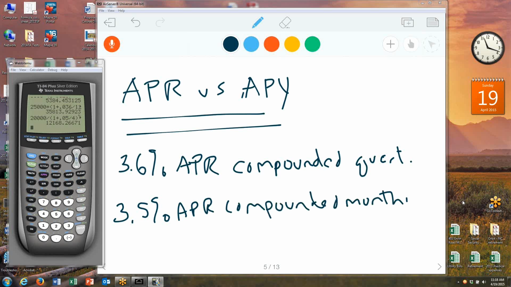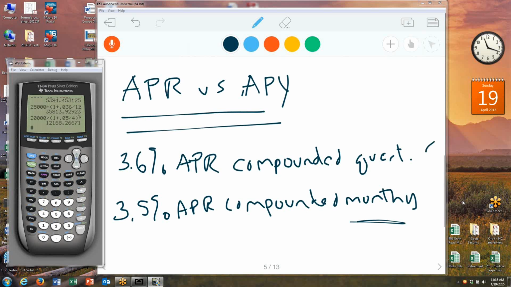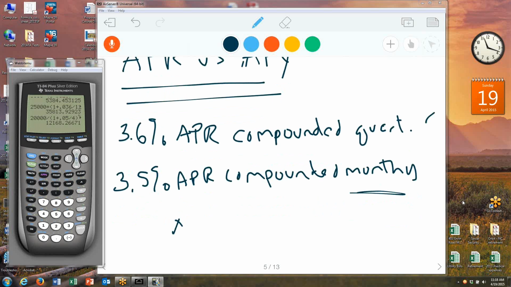You want to say the 3.6 is better because it's higher, but this is compounded 12 times a year and this is only compounded 4 times a year. I don't know for sure. That's when, if you knew the APY, the actual true percentage that you're getting on a return each year, you would know. Instead of comparing apples to oranges, it makes you compare apples to apples.